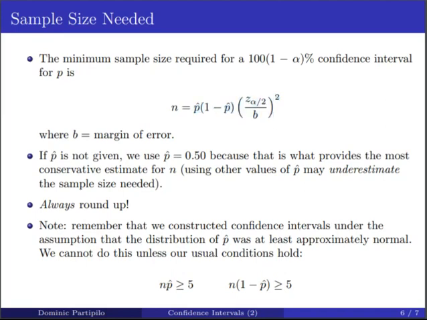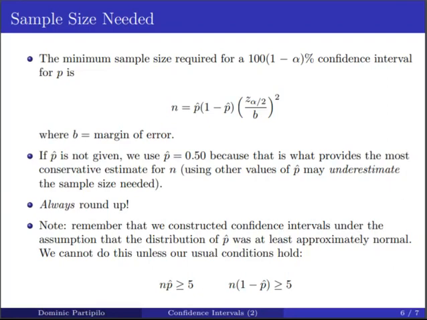And it really comes down to maximizing this right here. And the value of p hat that maximizes that quantity right there is 0.5. And by maximizing this whole quantity here, that guarantees that we will not underestimate the sample size that we need. So that's why we use p hat equals 0.5 if we do not have a value of p hat available.